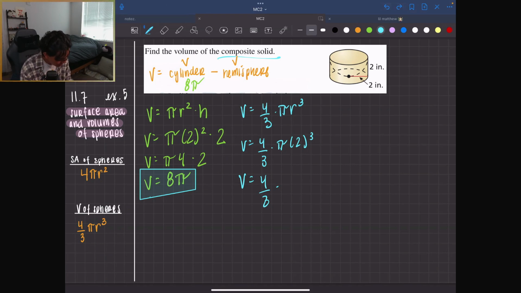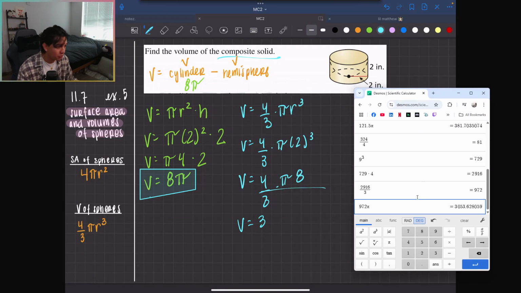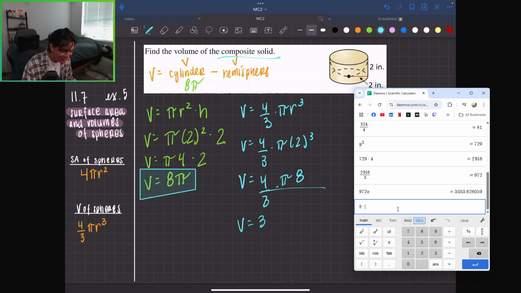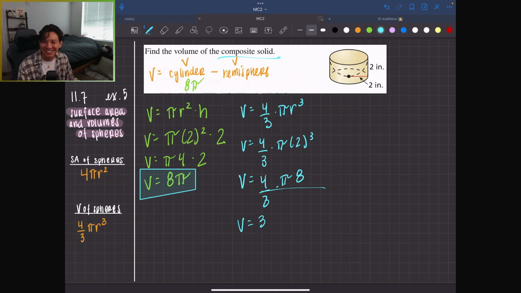Let's multiply this through. 4 times 8 is going to be 32. It's always good to check. Yes, 32 pi over 3. 3 cannot go into 32, so we're just going to leave it as it is.